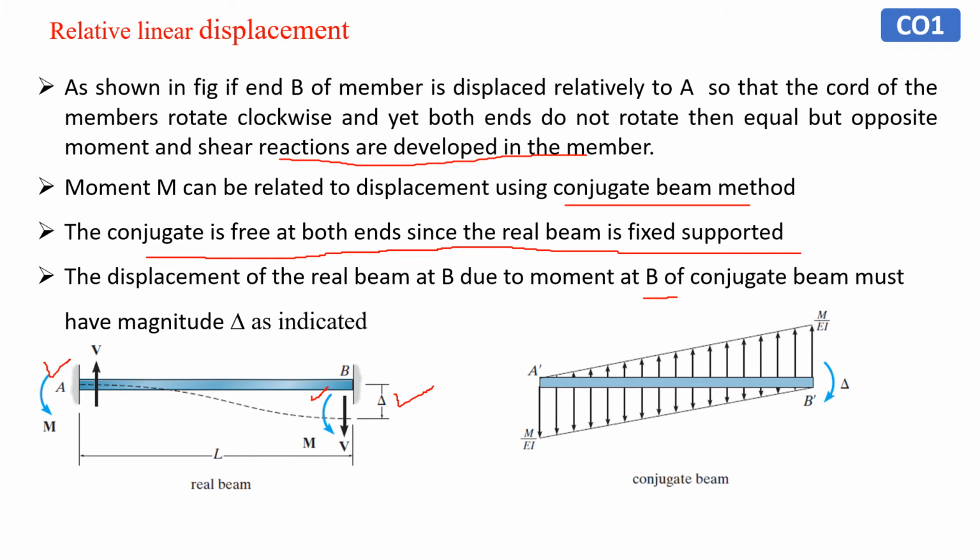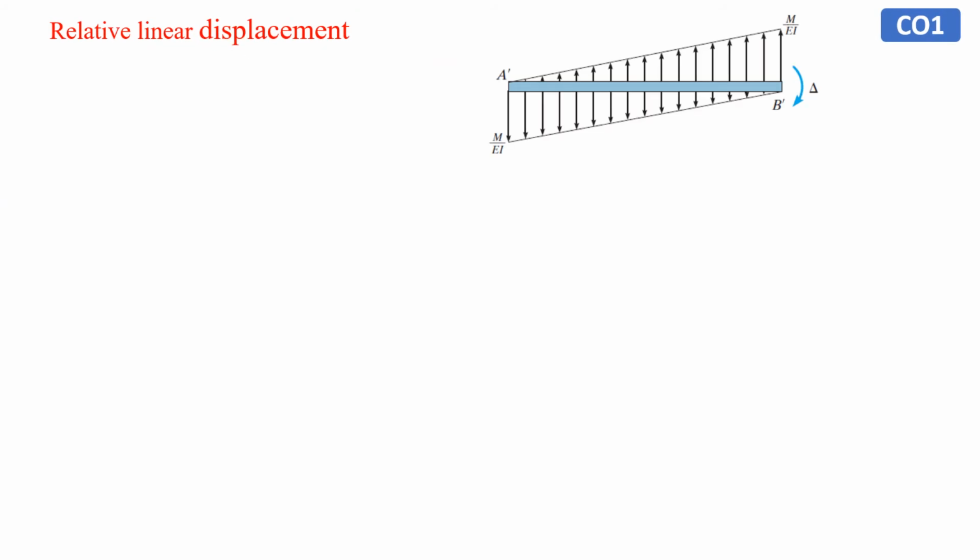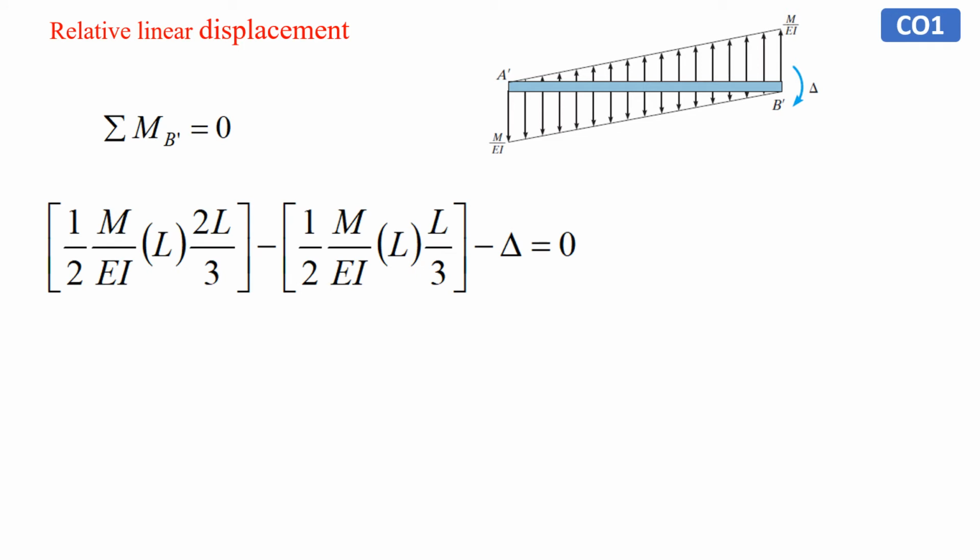Now the real beam is loaded by the M upon EI diagram, and this is the delta at joint B. In this current structure both joints are fixed, so they will be free in the conjugate beam method at A and B. By considering these relations, we can apply the moment at B dash is equal to 0: 1 by 2 M upon EI into L into 2L by 3 minus 1 by 2 M upon EI into L into L by 3 minus delta is equal to 0.